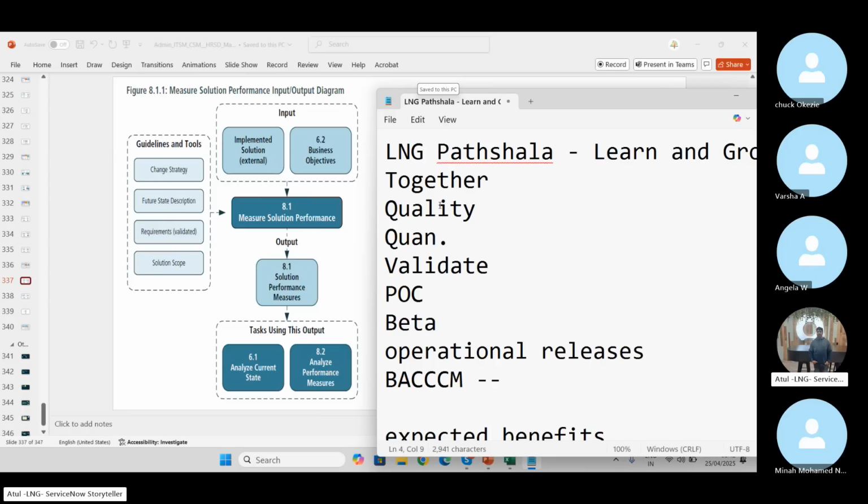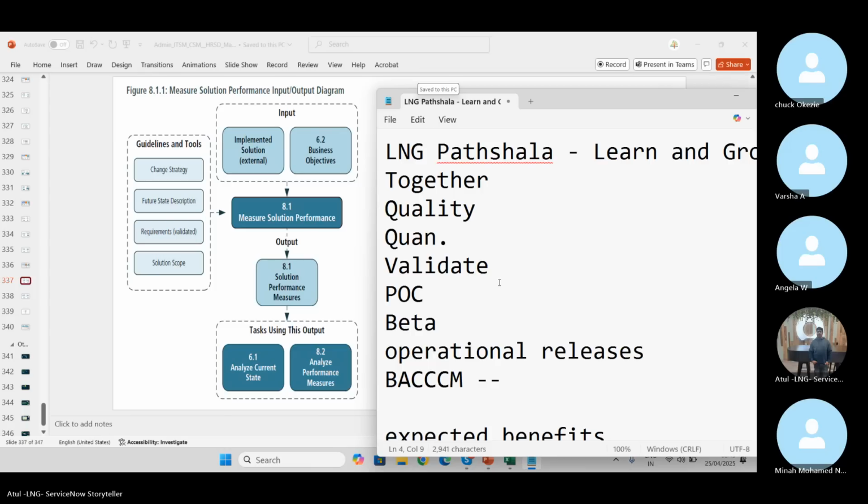But how will you measure it? How do you validate it? So you have to put some criteria. How to measure the efficiency of an agent? Earlier, every agent was getting almost 10 incident reopens in a month. Now, after implementing ServiceNow incident management, it is reduced to 2 only. That is the parameter of efficiency to be evaluated.